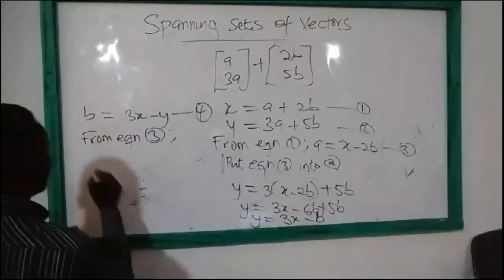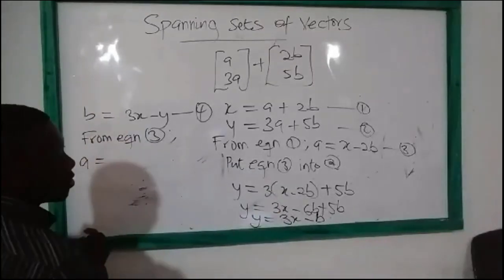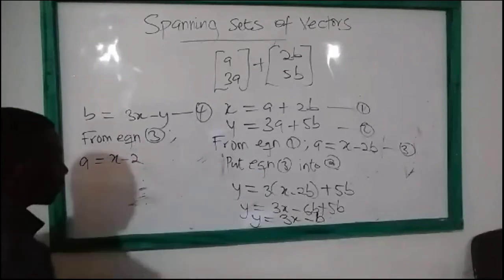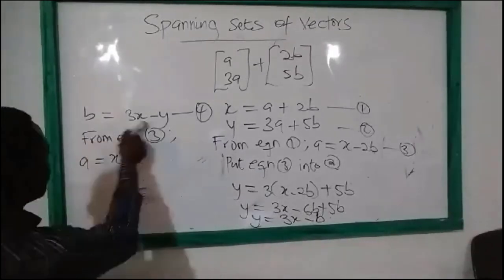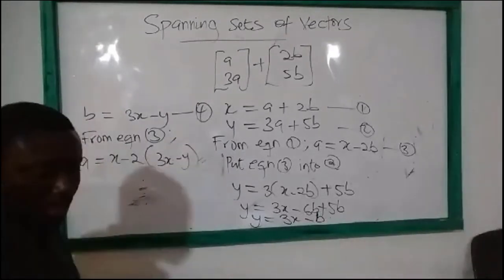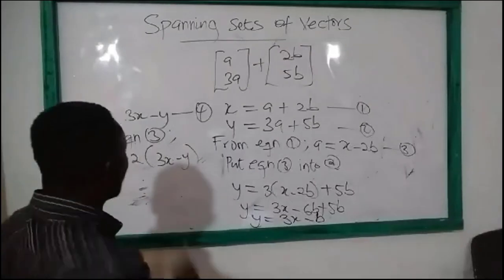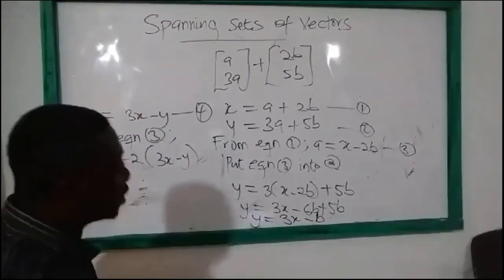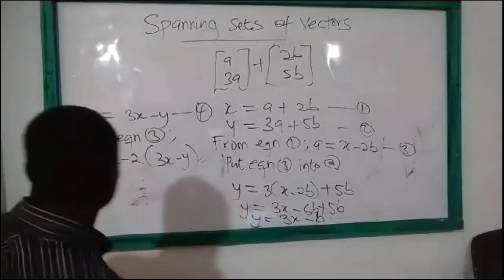So equation 3 is A equals X minus 2B. But we know B to be 3X minus Y. We substitute it there. We know the value for B. That is equation 4. We just substitute it into equation 3.